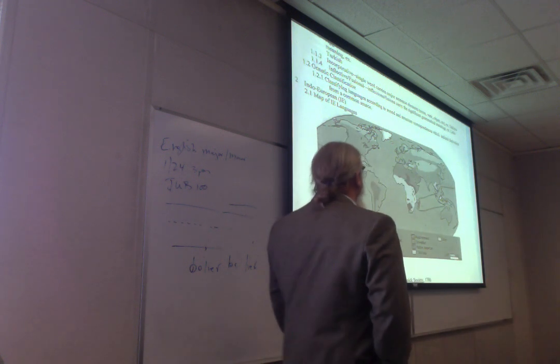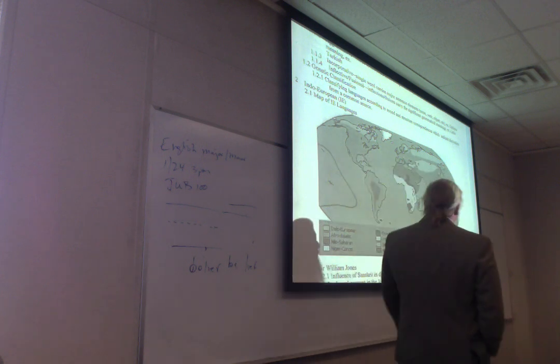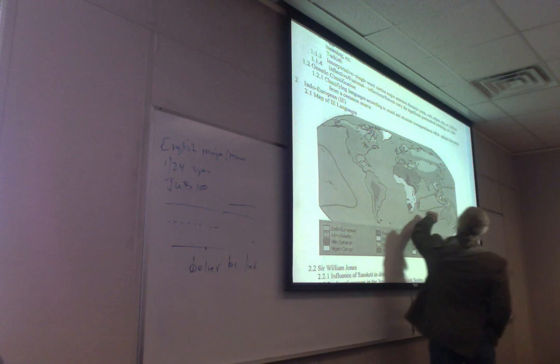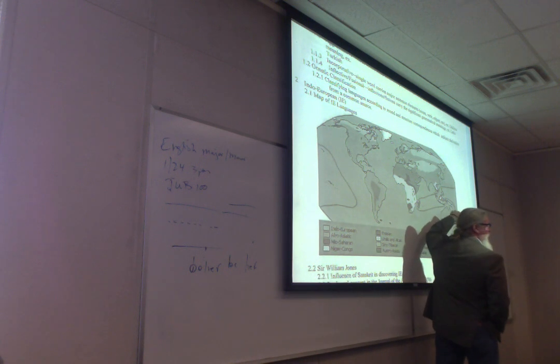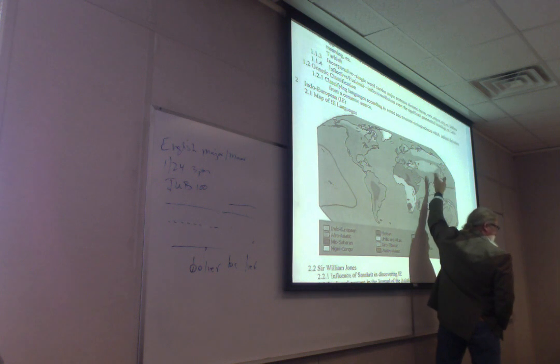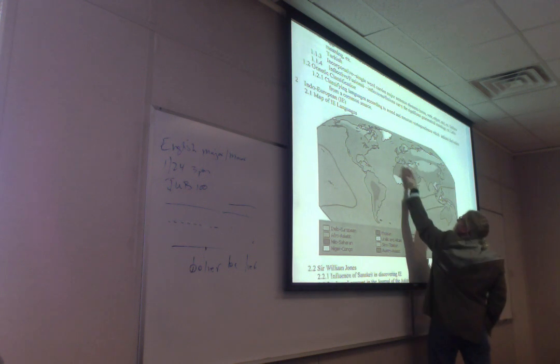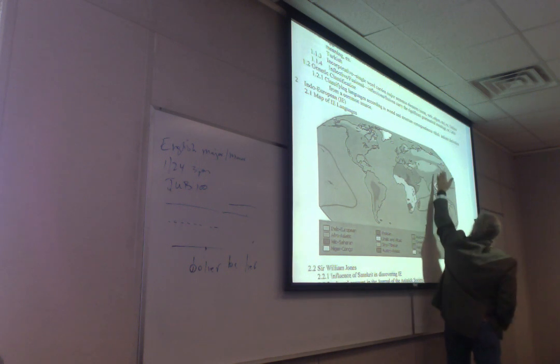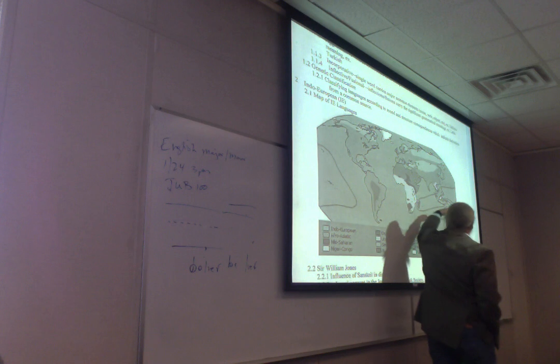Okay. But Indo-European. So, Indo, representing what area on the map? This area, Indian, European, and this area. So it's this northwest.